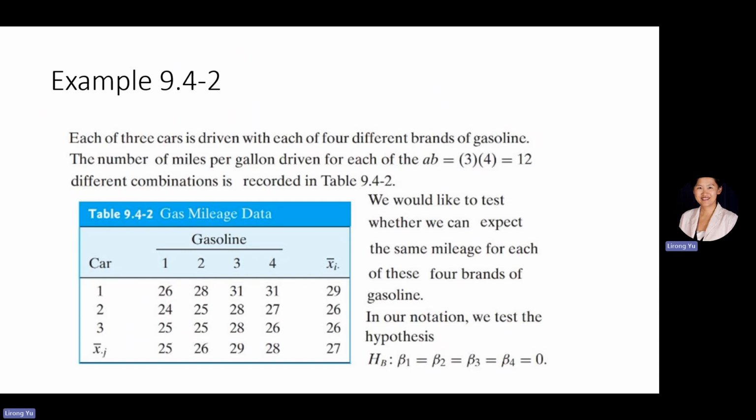All right, so first we're going to test the beta value. Beta will be the type of gasoline. We want to see if the gasoline is causing any difference. So, I guess beta 1 is the difference caused by the first gasoline, second, third, and fourth. So we're assuming on average the impact is 0, but we're going to see if that's significant.